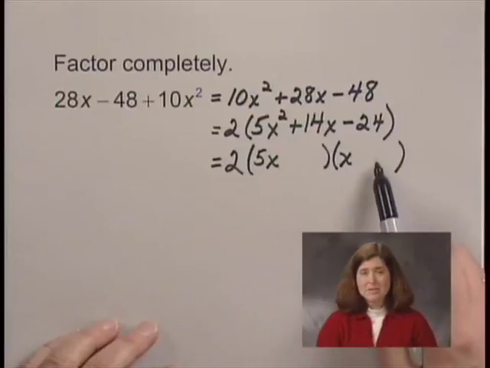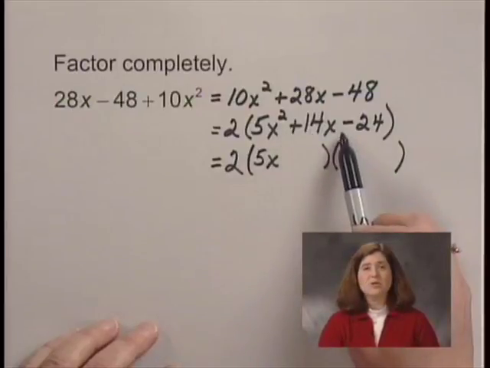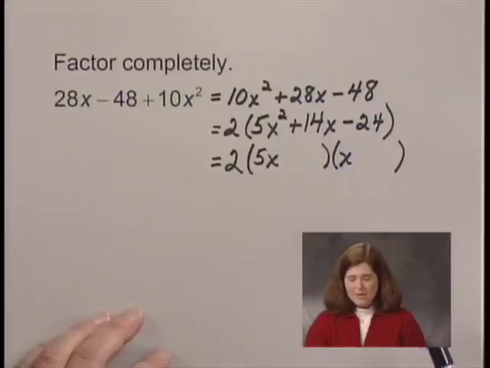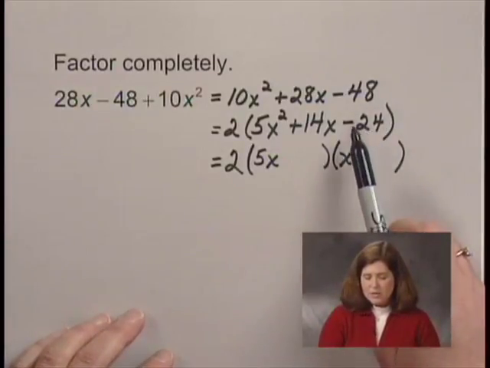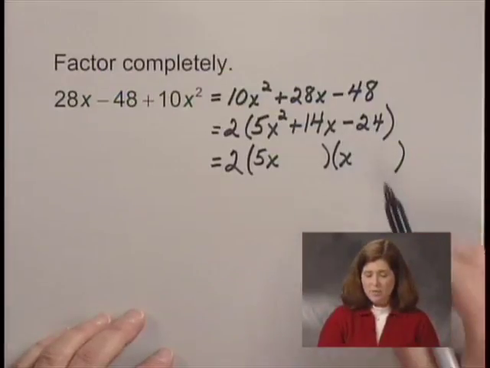All of those will be possibilities to put in here. Only one of them will hopefully give us a middle term of 14. Now, something before we begin checking them is to note that we have negative 24, so the factors will have to be 1 positive and 1 negative.